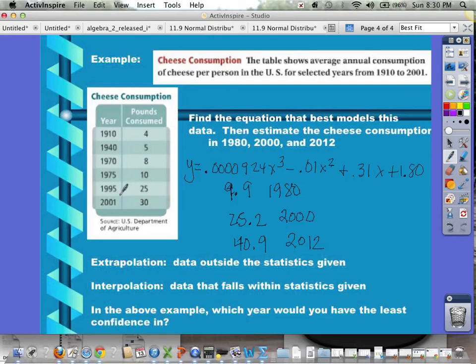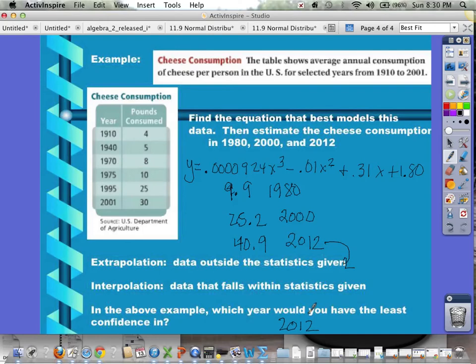Or it was somehow tainted, different things. So anything outside of this range of data is just an estimate. I'm not very confident. I wouldn't bank money on it, in other words. So 2012 would be an extrapolation, and that would be the year that I would have my least confidence in.